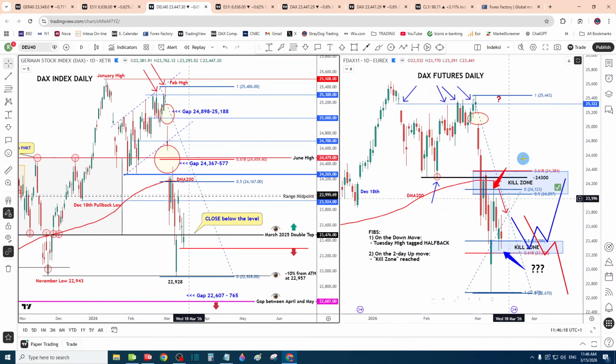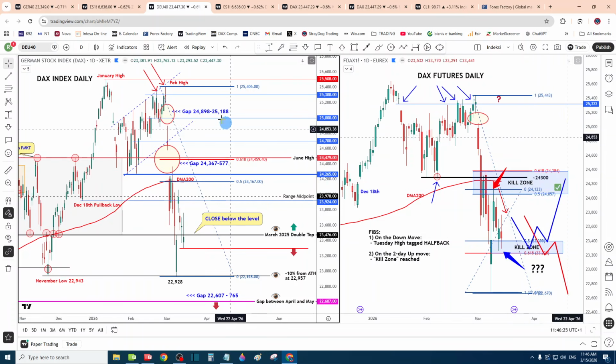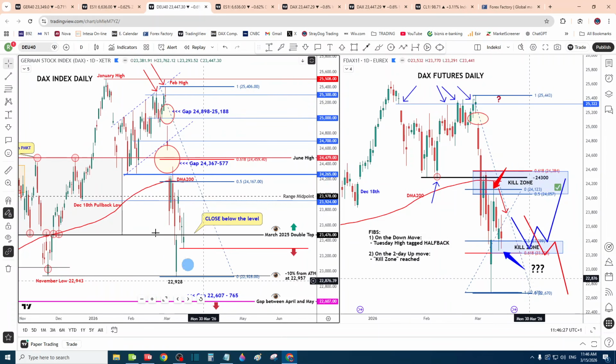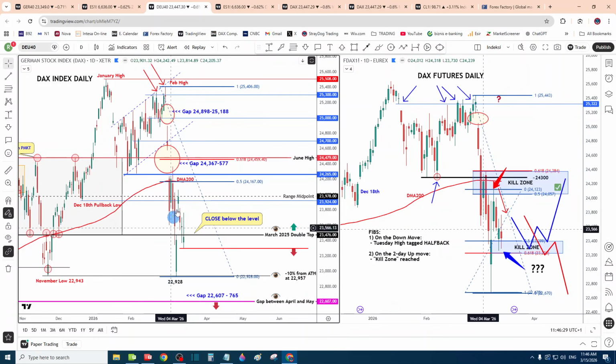Because when the market is making a lasting swing low, so swing down on the entire down move, then swing up on just a 2-day move, Monday and Tuesday, then pullbacks of that move are going to be bought.